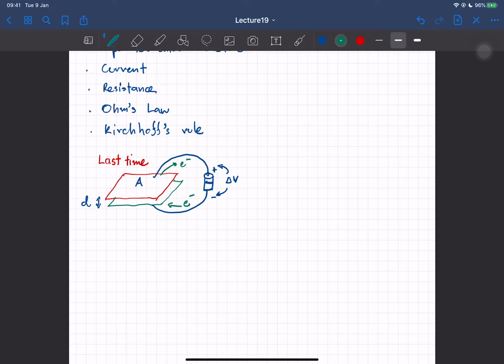Okay, so this process which involves electrons moving will just go on until in the end the potential difference between the top plate and the bottom plate is equal to the potential difference of the battery, right? So at some point the top plate and the bottom plate will have the potential difference of delta V.